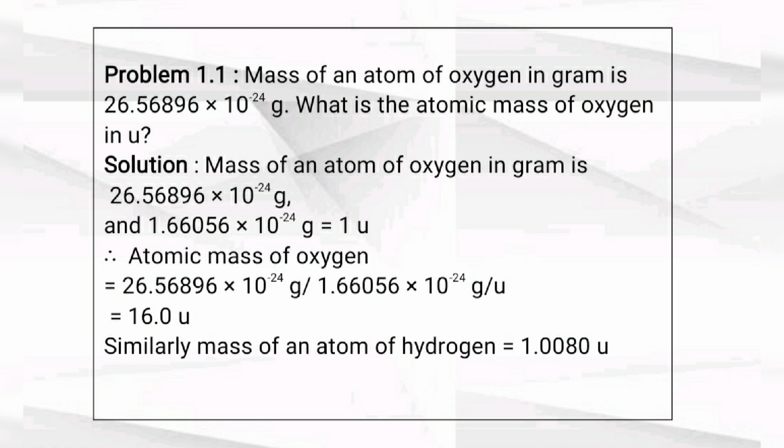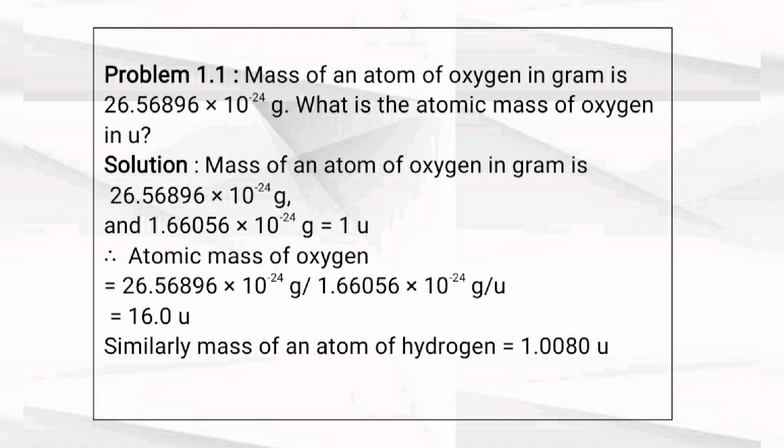Hence, mass of an atom of oxygen is 26.56896 into 10 raised to power minus 24 gram divided by 1.66056 into 10 raised to power minus 24 gram per unit. So the resultant is 16 U. So in this way we have calculated the mass of an oxygen atom, that is 16 U.